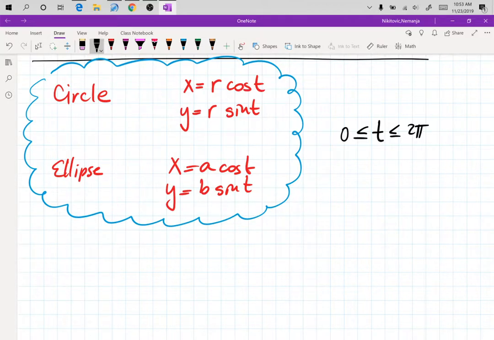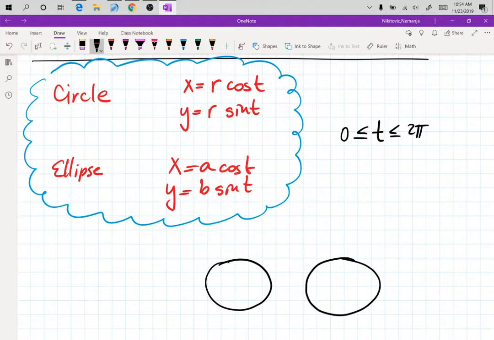For a circle, some people draw a circle counterclockwise, some people draw a circle clockwise. I don't know which group you belong to. You just do it naturally. One way or the other way.